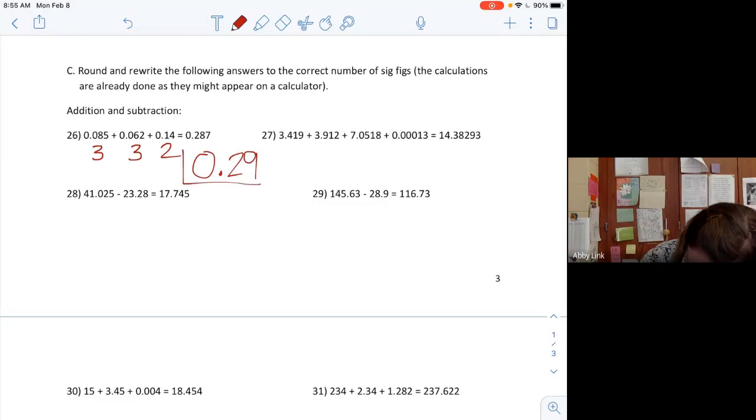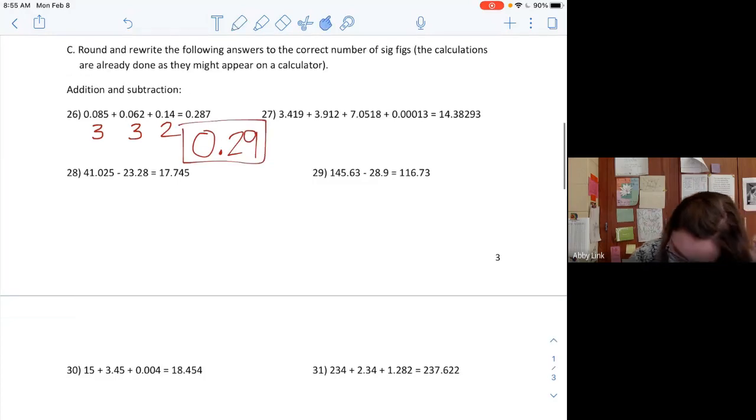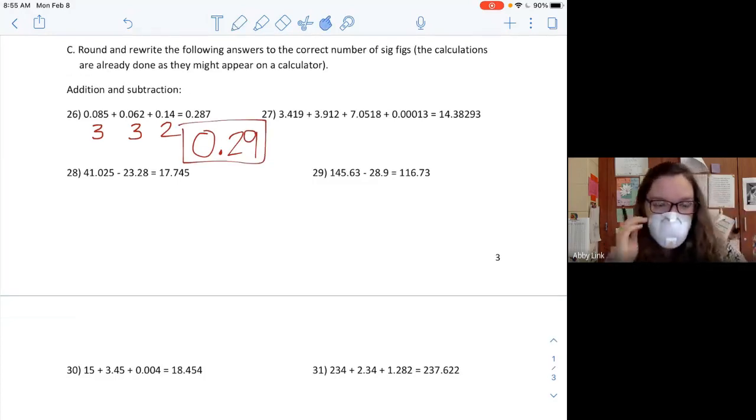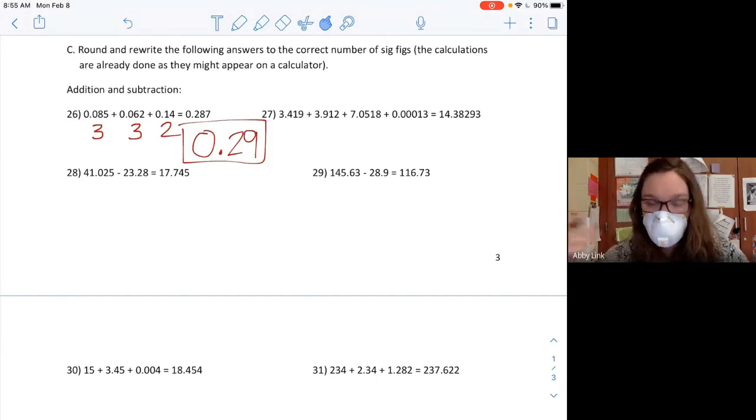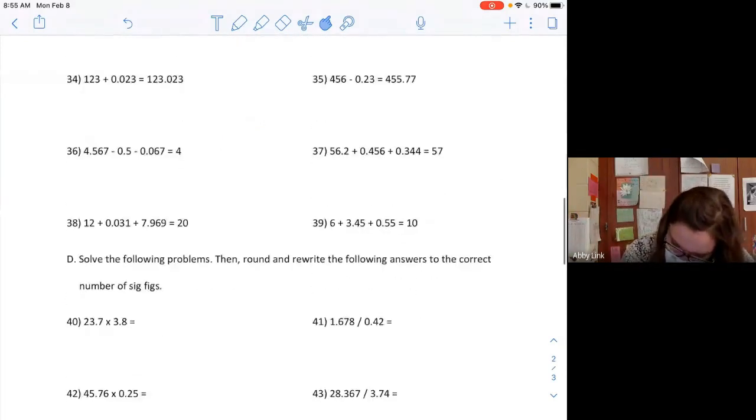I have to do a little bit of rounding there. Everybody clear on how to do section C? I know it's a little strange because they give you the answers and you're like, well, the answers are already there. Your job is to write the answers with the correct number of decimal places.